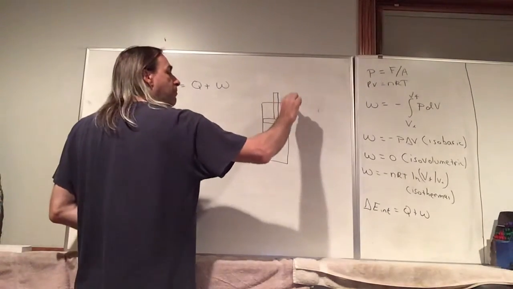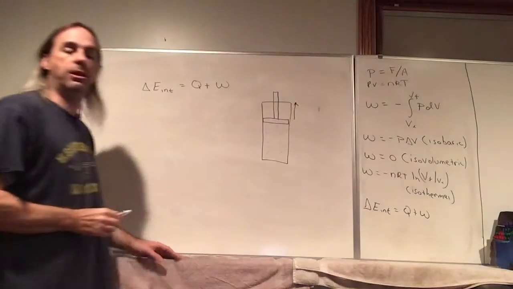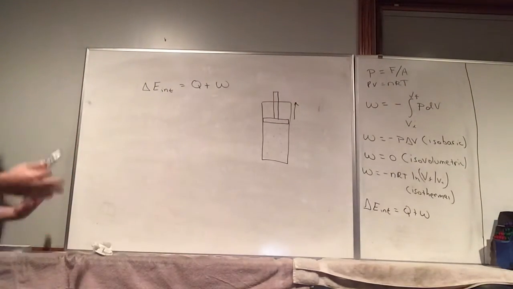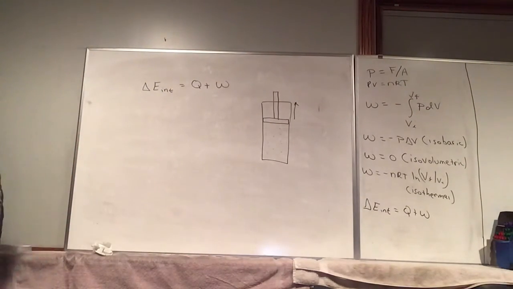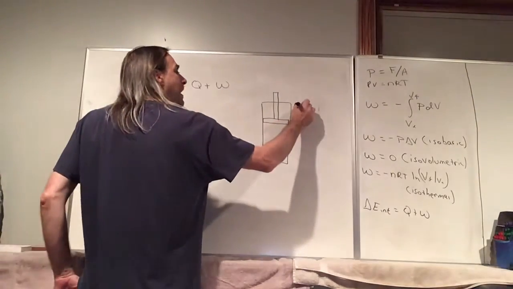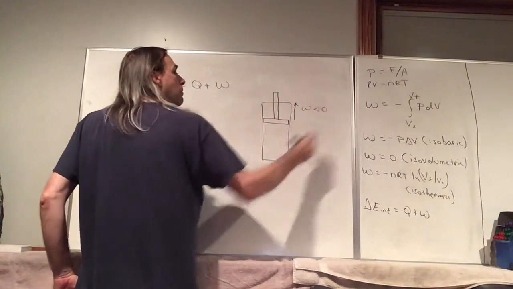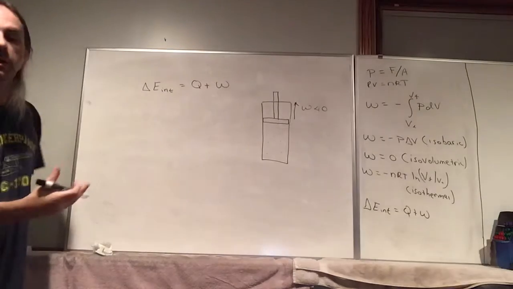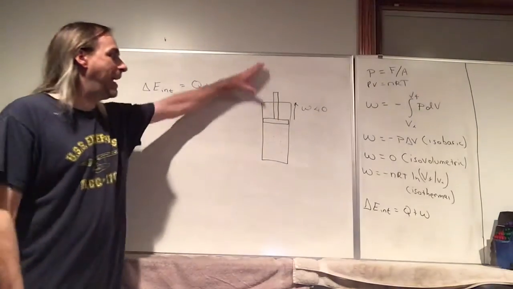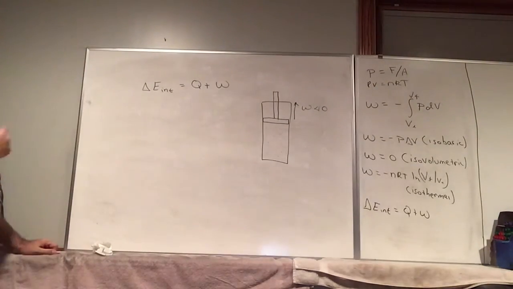So if the piston is moving up and the gas is expanding, that means it's doing work on the environment, and W would be negative in that case. Energy is transferring from the gas to its environment, and so the internal energy of the gas would be decreasing.